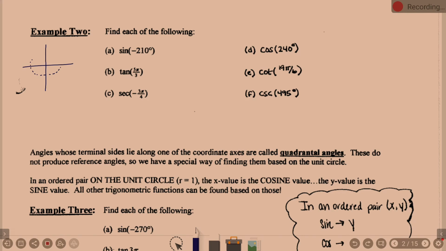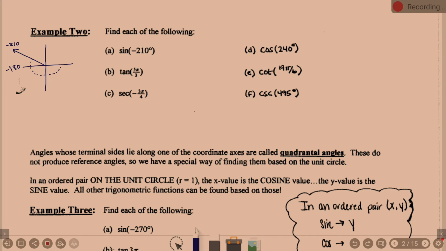It goes up there, with the idea that this is negative 180. So that is negative 210. Your answers are going to be wrong if you do it the positive way, because you're going to have the wrong signs.